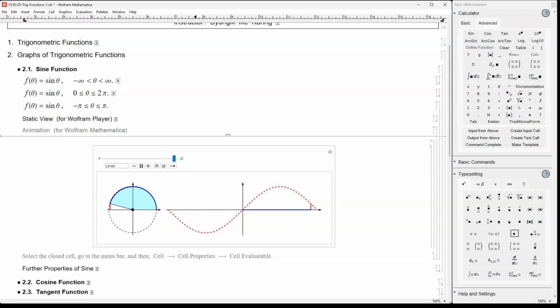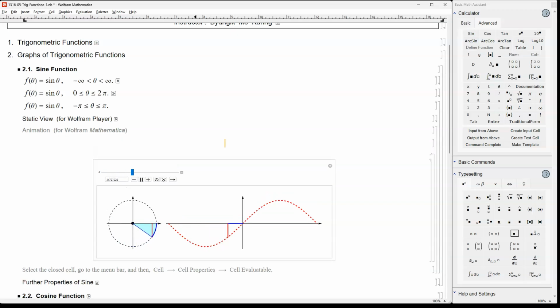Yes, and that's because the sine function is an odd function. Sine of negative theta is negative of sine of theta. So starting from here, if I go left, then we're going to get precisely the same as going to the right, except taking negative, so going down instead.